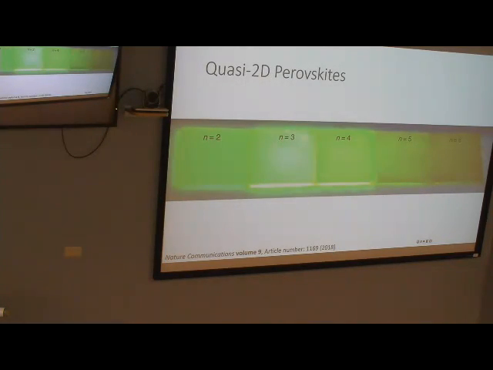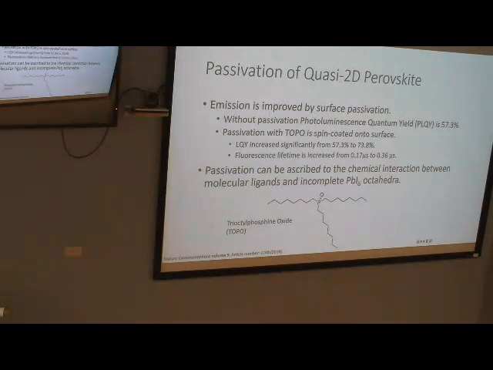Okay. So they also found that to increase the photoluminescence yield, they passivated the surface with an organic material. They refer to this as a small organic molecule, but I don't consider TOPO to be a small molecule because it's pretty big. It's a phosphate with basically 8 carbon chains around it.